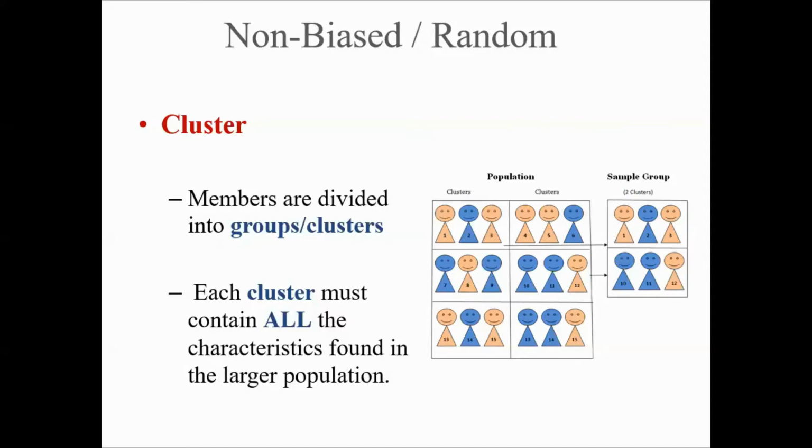Yeah? So if in the larger population now, we have some colors. We have red, blue, pink, and green. In each cluster, what should we have? Let me call the colors again. Red, blue, pink, and green. What should we have in every single cluster?